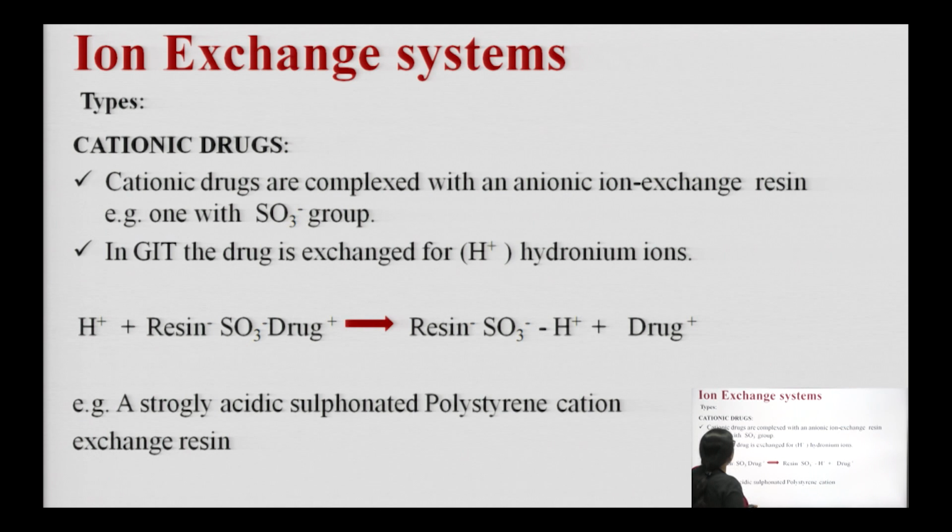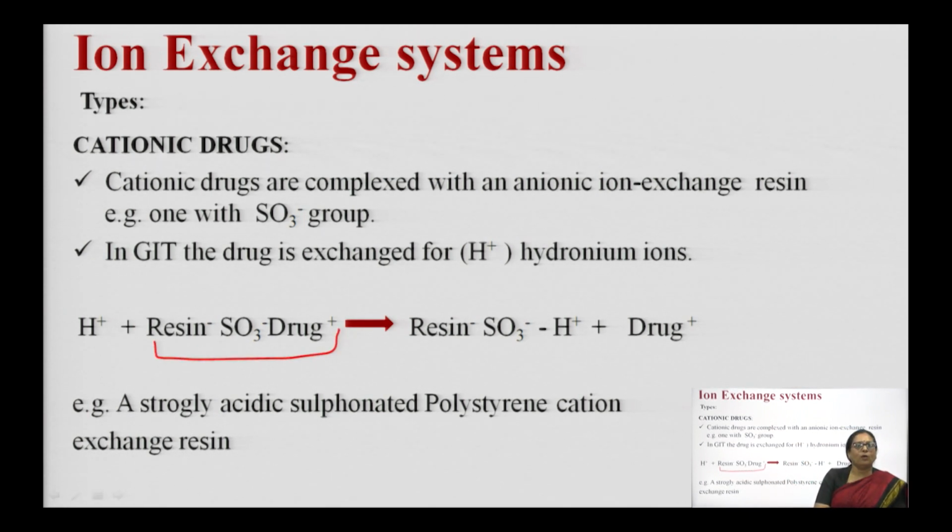So, look at this. Here I have given an example of a cationic drug being delivered by means of an ion exchange resin. The anionic ion exchange resin with a sulfonyl group on its surface is combined with the cationic drug to form a drug resin complex.